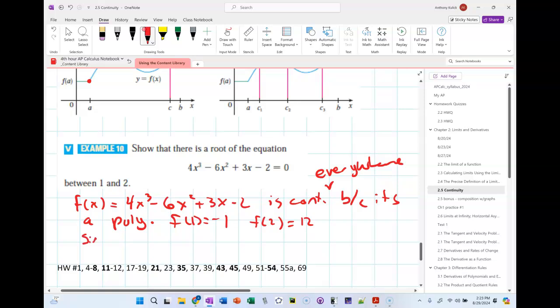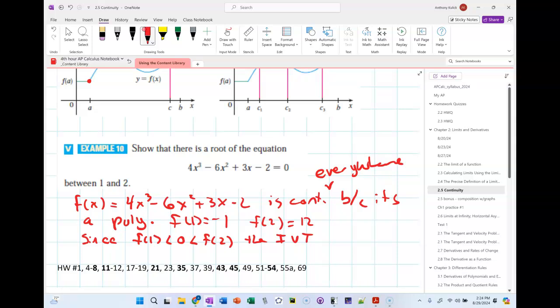So I'll say since f of 1 is less than 0, which is less than f of 2, the intermediate value theorem, I'm going to abbreviate that as IVT. That's a fine abbreviation for you to use. The AP will also recognize that abbreviation.